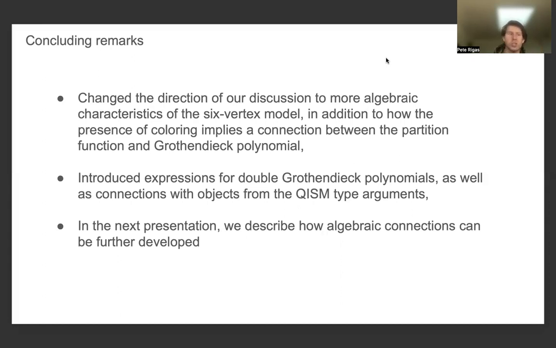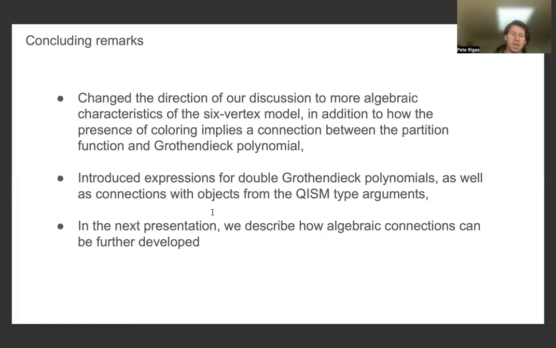Because, like we have mentioned in other presentations, there's a difference between the thermodynamic behavior of the six vertex model and the ferroelectric and anti-ferroelectric regions, which could be interesting, to actually determine whether or how certain arguments might hold or break down in different regions of that conjectured phase diagram.